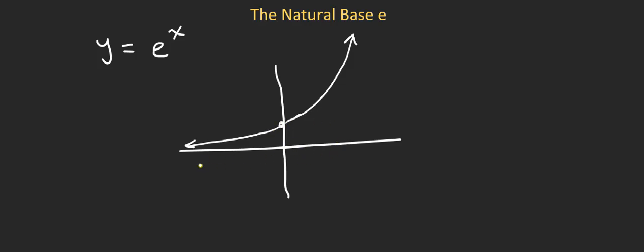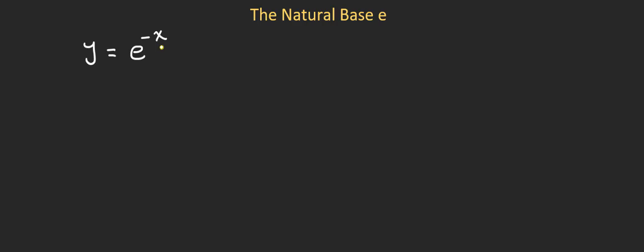So the domain will be all real numbers, negative infinity to infinity. What about the range? The range will not include 0. So y has to be greater than 0, any number that is greater than 0. So that's how y equals e to the x looks like.